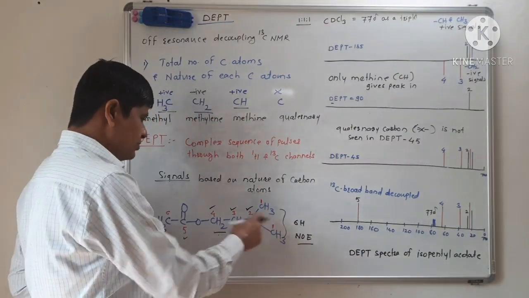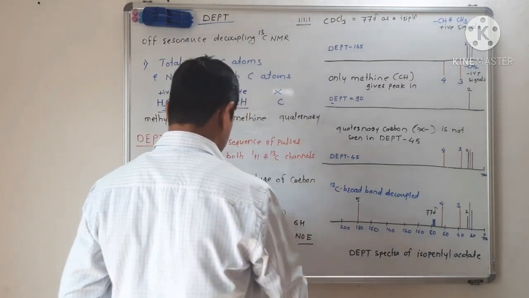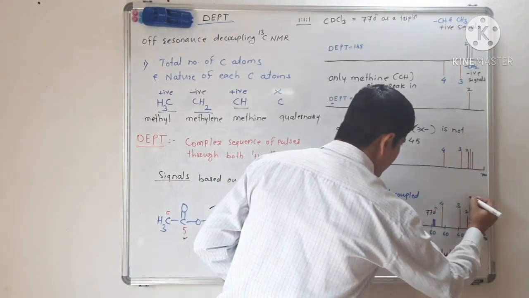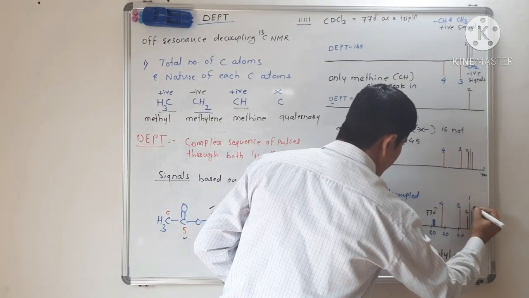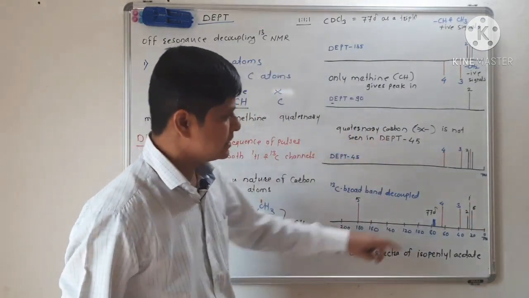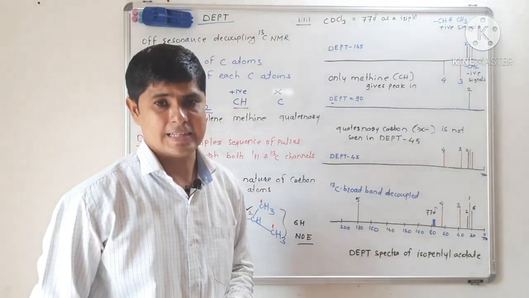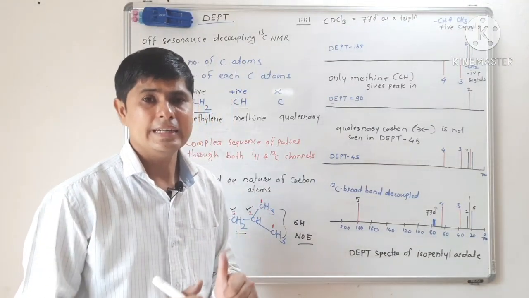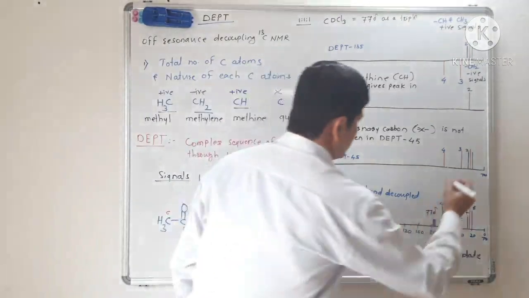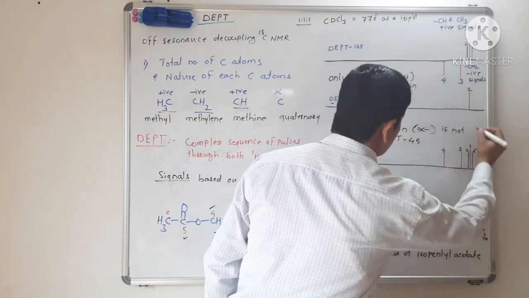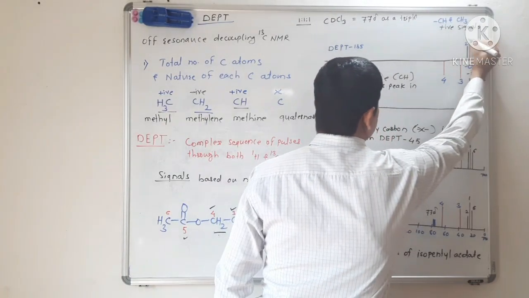We can assign these two signals. So this is for carbon number 1 and this is for carbon number 6. The second signal is for carbon number 1 and the first signal is for carbon number 6, by looking at the intensity of the line.